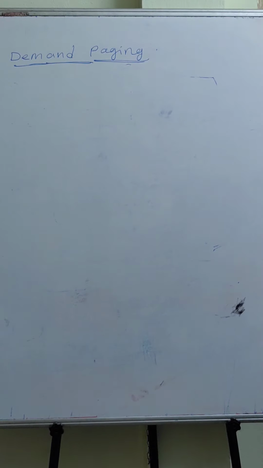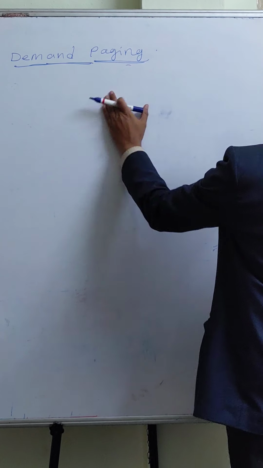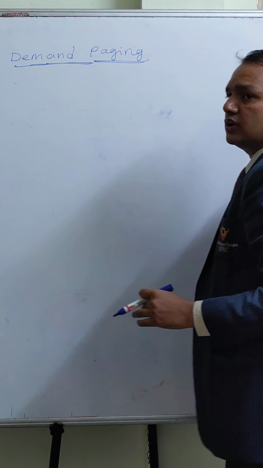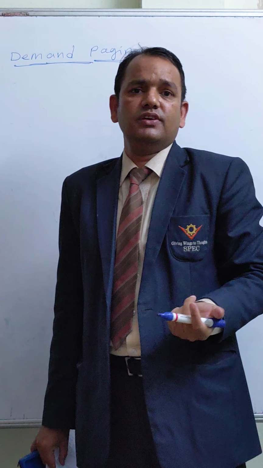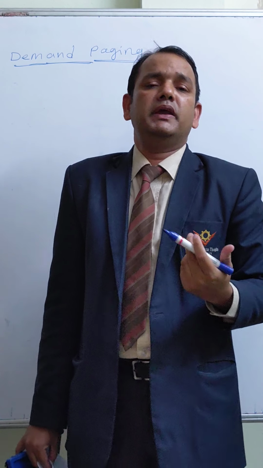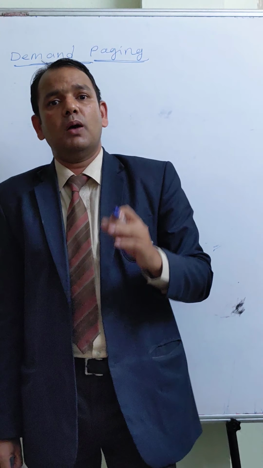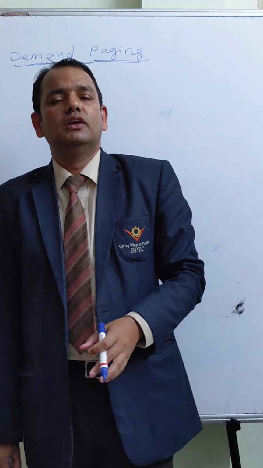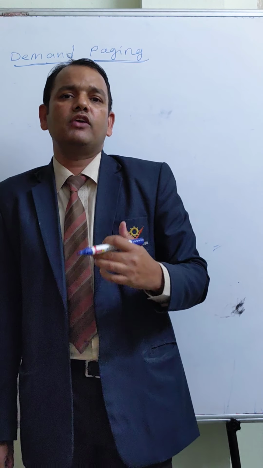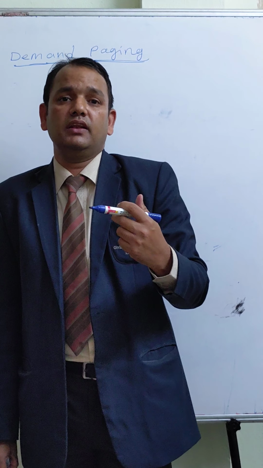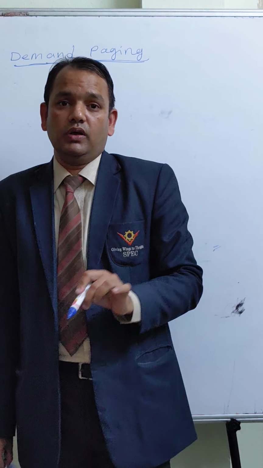A crucial requirement for demand paging is to restart any instruction after a page fault. I told you that a process cannot complete its execution if it wants a particular page and the page is not available in the main memory. So it is stopped in the middle of execution, and after resuming we have to begin from where it left off.